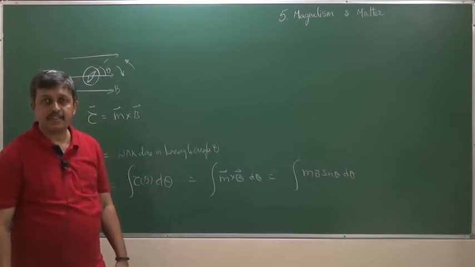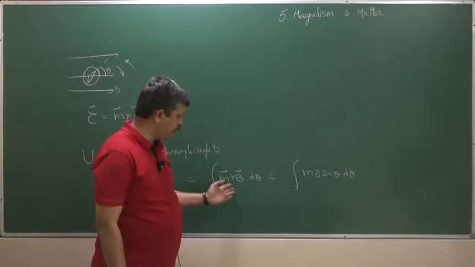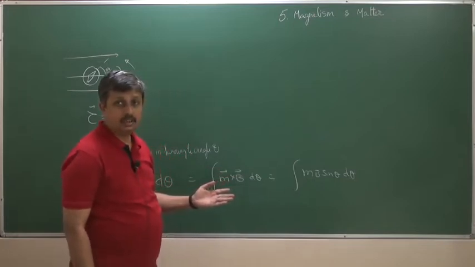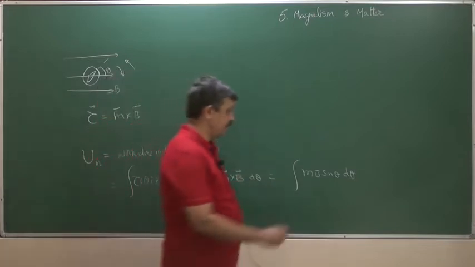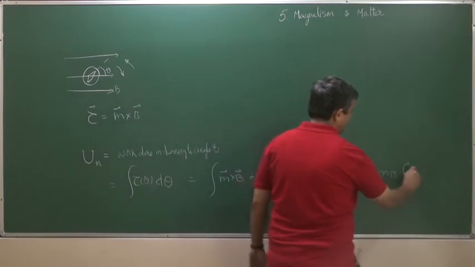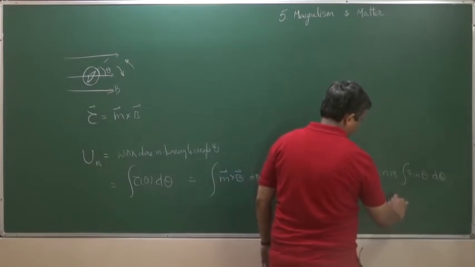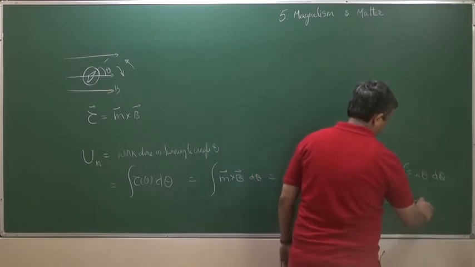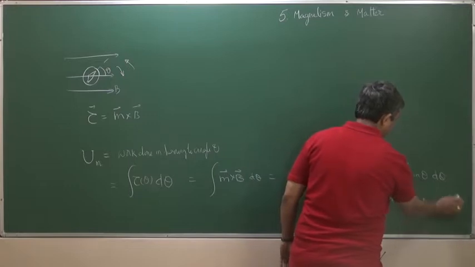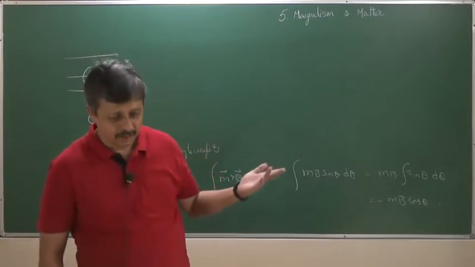Now m b sin theta is nothing but the magnitude of m cross b. If you integrate, m and b are constants, and the integral of sin theta d theta is minus cos theta. So minus m b cos theta, integrated from 0 to theta, whatever angle you are taking.